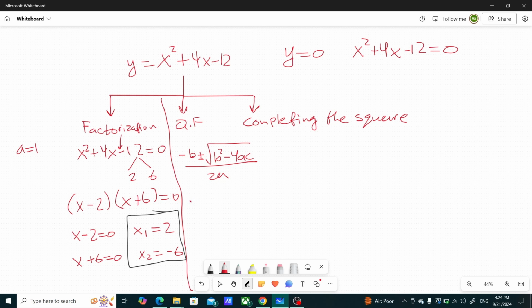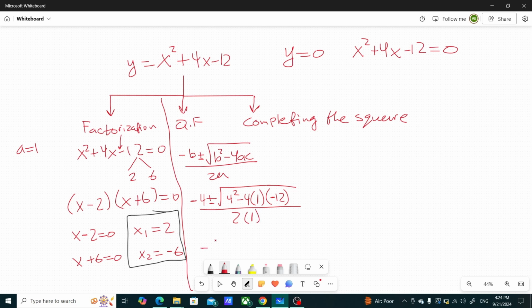My b here is 4, so it's going to be minus my b, which is 4, plus or minus square root of b squared, which is 4 squared, minus 4 multiply my a, which is 1 in this case, and my c, which is negative 12. All of this over 2 multiply my a, which is 1.